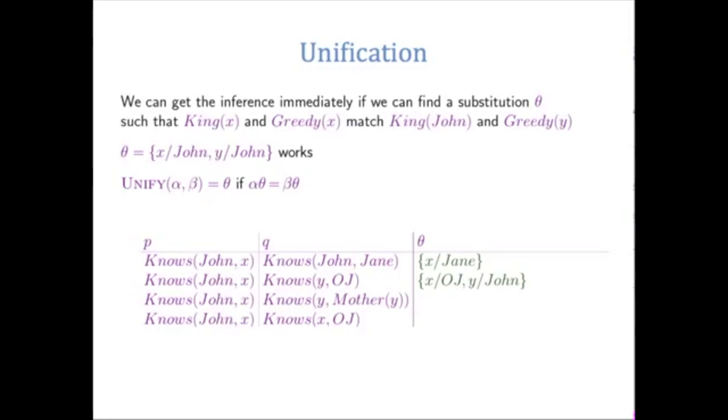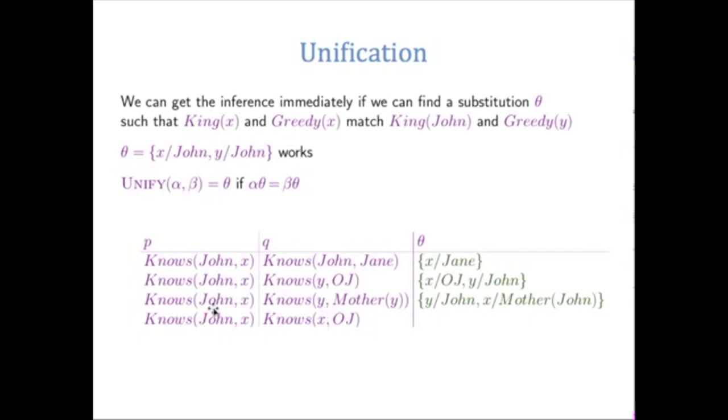That works. How about Knows(John, x) and Knows(y, MotherOf(y))? A little trickier. Well, the first part's easy, right? Because we know that we can bind y to John. And now it looks like we're going to have to bind x to MotherOf(y).